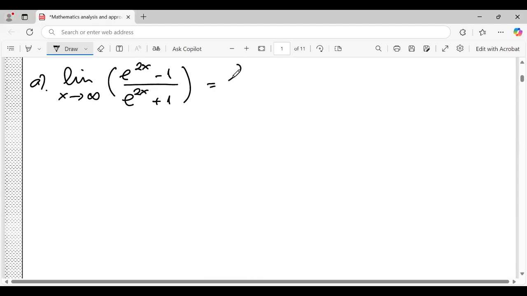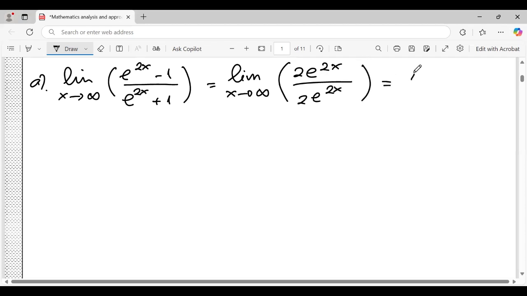So it's the limit as x approaches infinity. The derivative of e^(2x) minus 1, the numerator, is 2e^(2x). And the derivative of the denominator, e^(2x) plus 1, is 2e^(2x). So it is 1, because 2e^(2x) divided by 2e^(2x) equals 1.